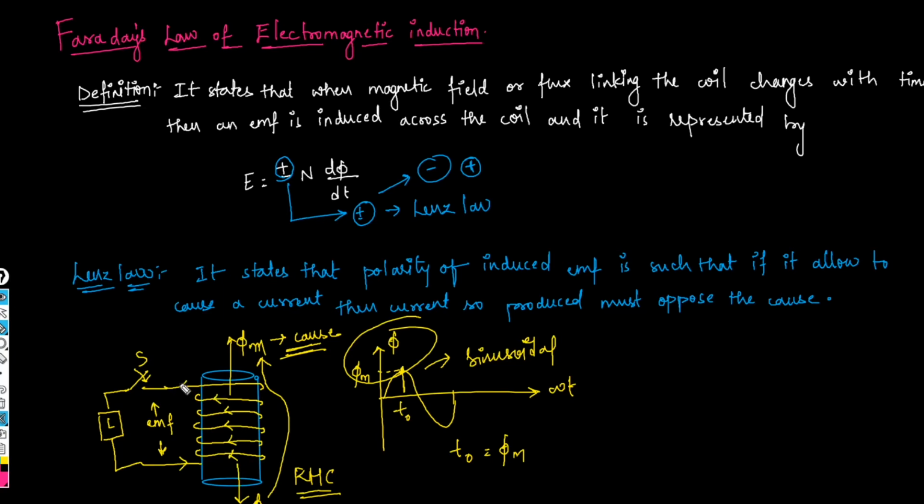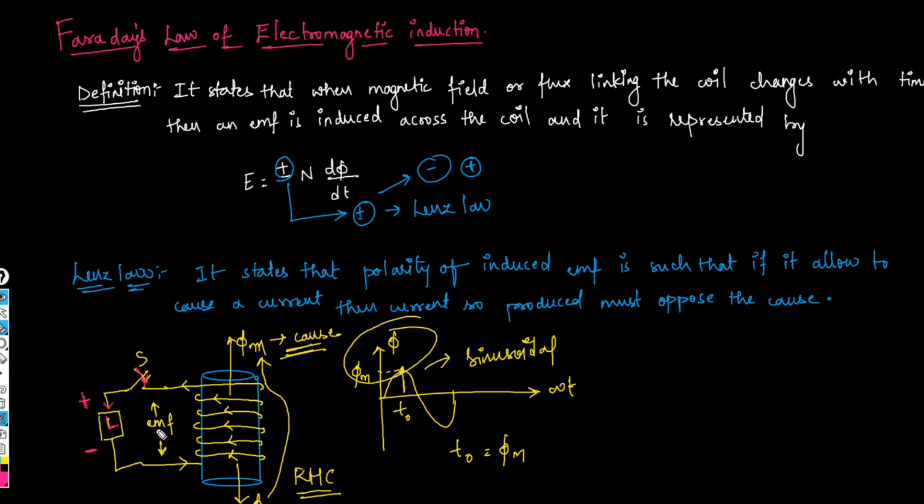So till now we have got the current direction, and the opposing flux has been created. Now it's time to plot the polarity of the EMF. The switch is in the closed position, because only then does the current start flowing. Whenever current is entering into any load, we generally take that terminal as positive, and the leaving terminal as negative.